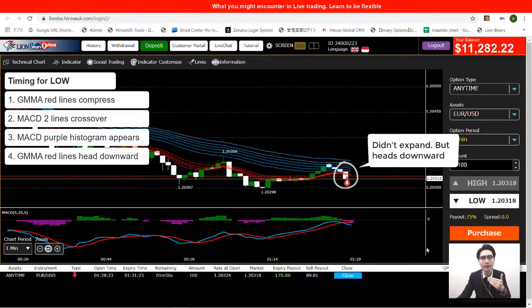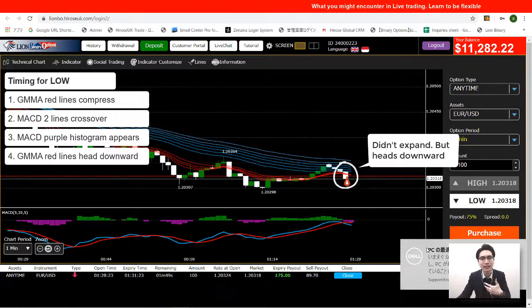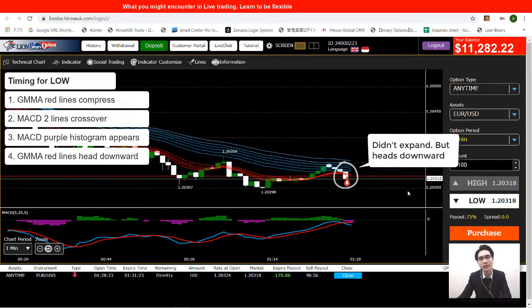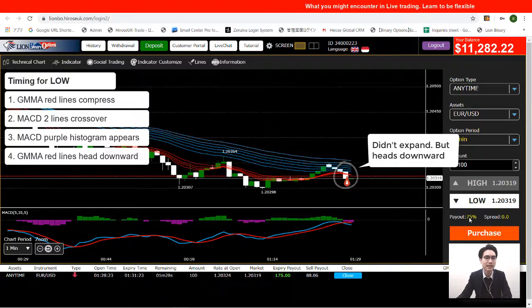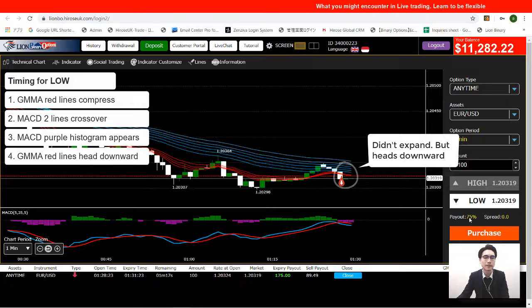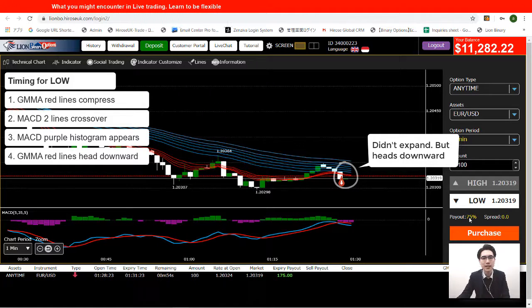But if we take a look at the candlesticks, a few bearish candlesticks have come out already, and even though the red line is compressed, it's already heading downwards. So if I match it with the information from the MACD, I can see that the price is actually already heading downward. That's why I opened this trade there.